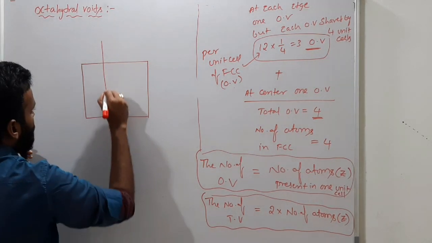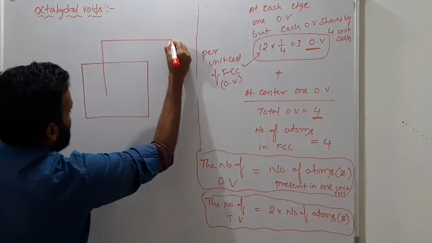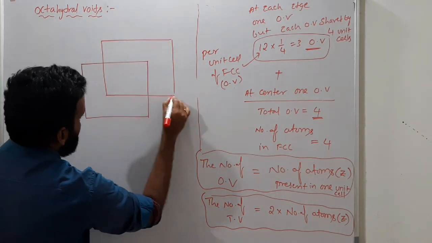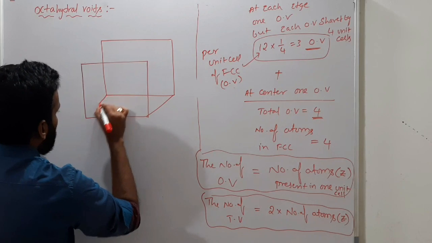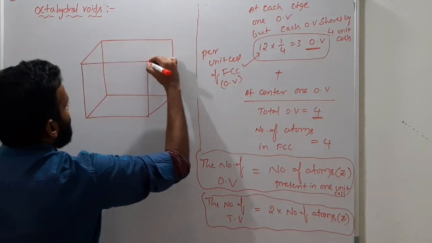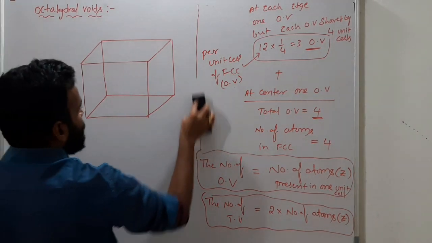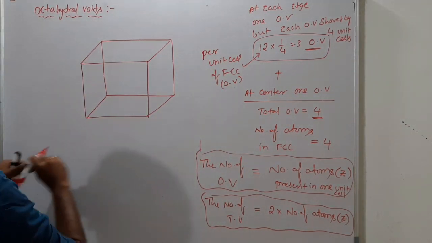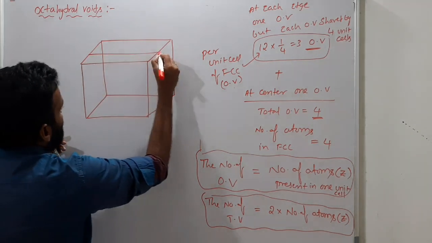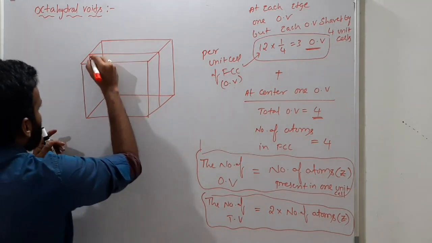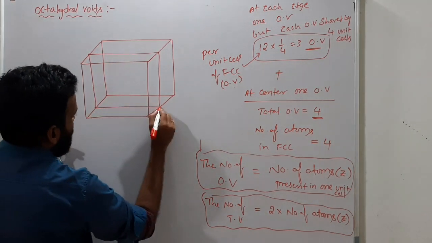So to avoid confusion, I am writing one more time. Okay, so 1, 2, 3, 4. Okay, so I will have it like this now, a better way. So I am drawing it again, sir, like this. No confusion.